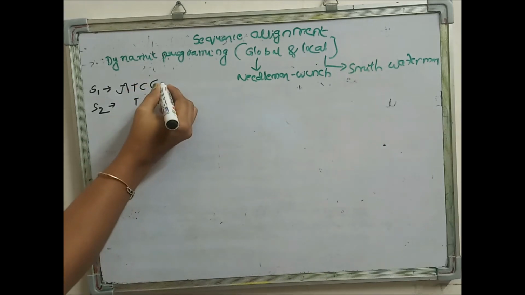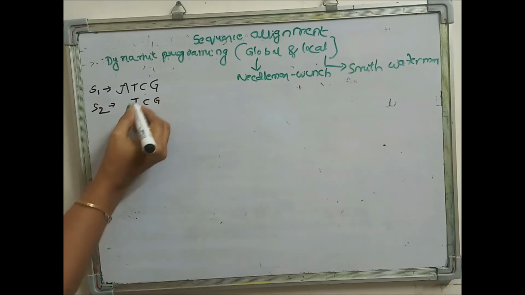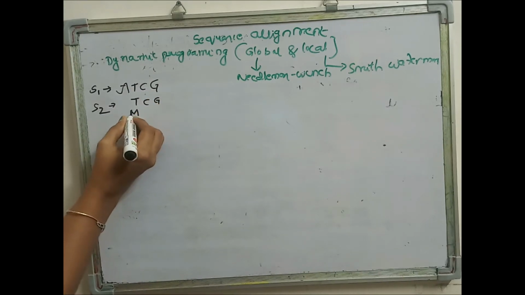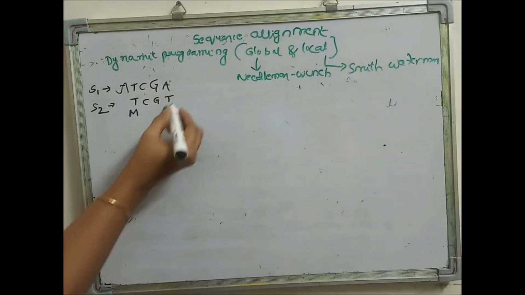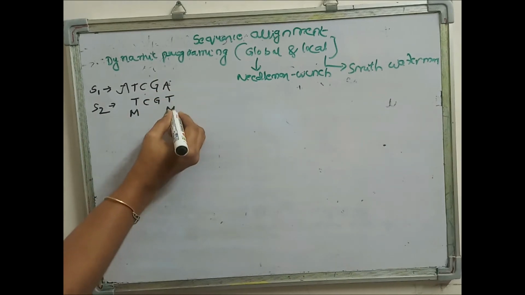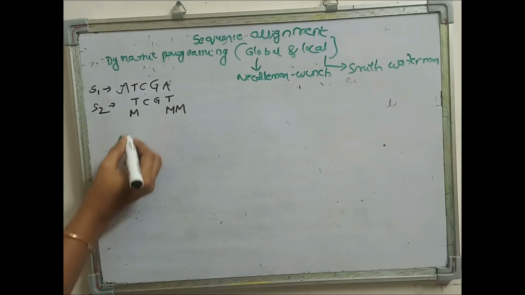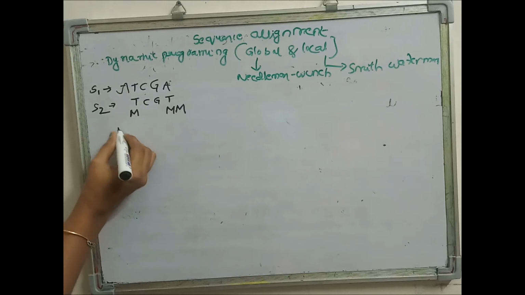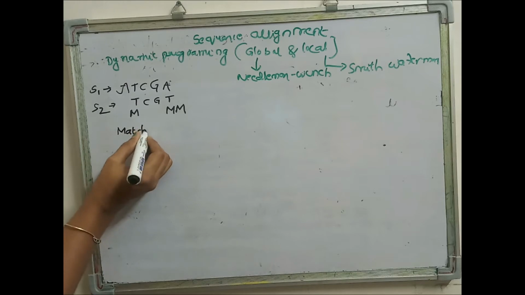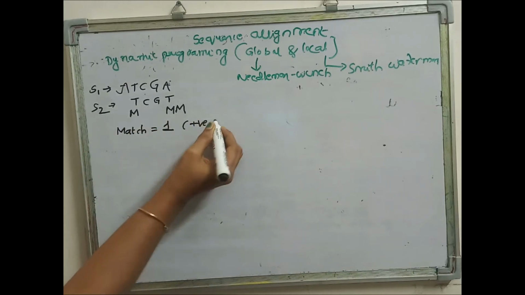If there is a match, if T is matching with T, then we call it a match. If A is not matching, then we call it a mismatch. In dynamic programming, if any nucleotide is matching with any nucleotide, we call it a match, and the match score is always a positive value.